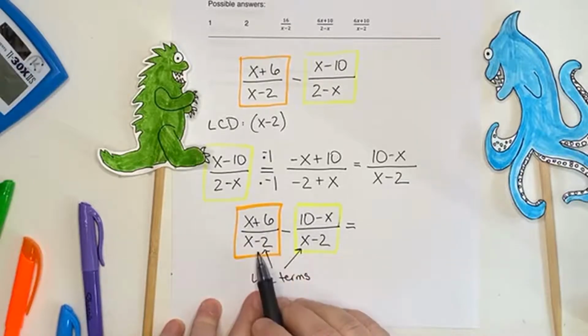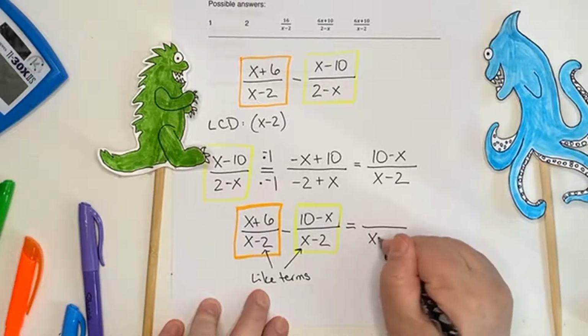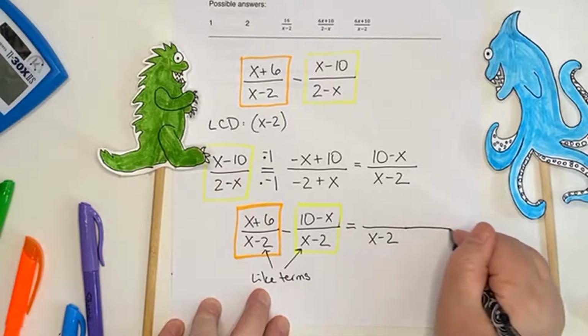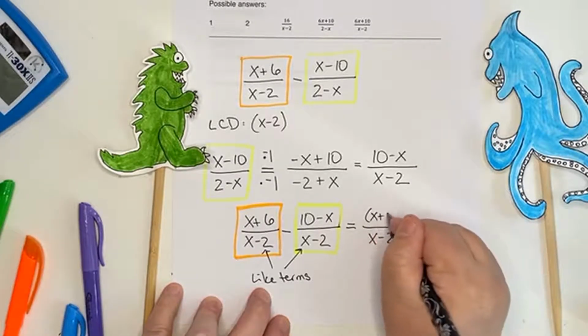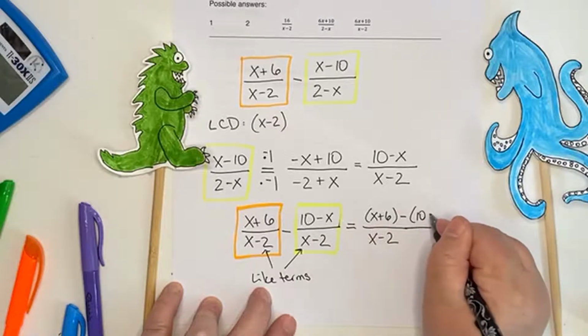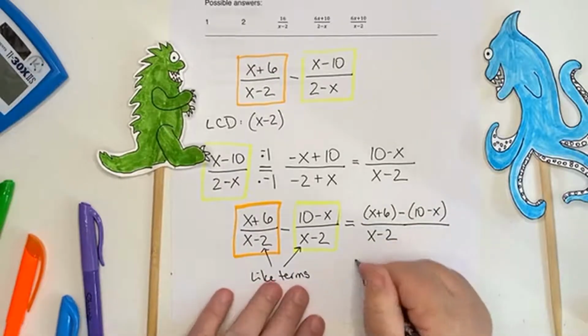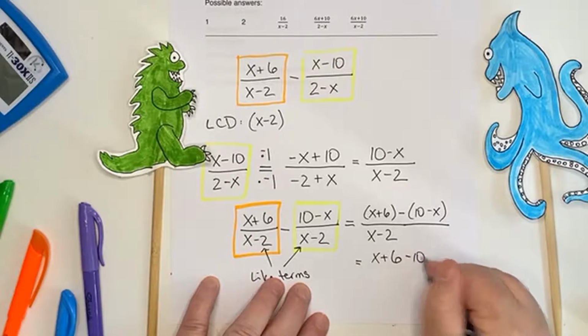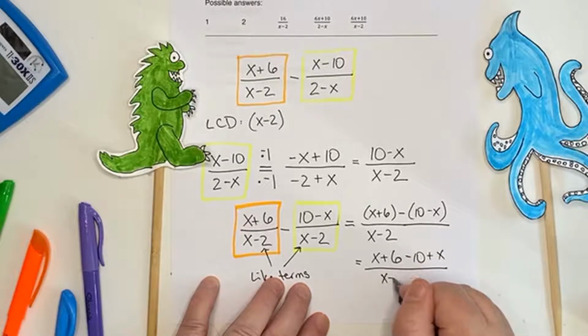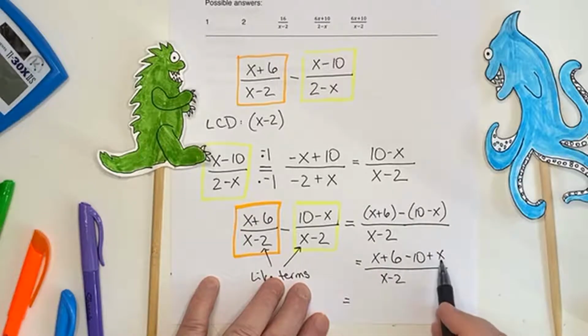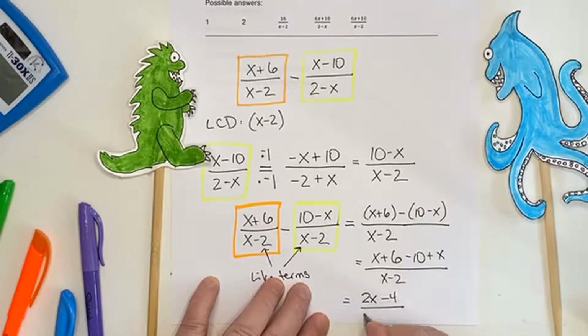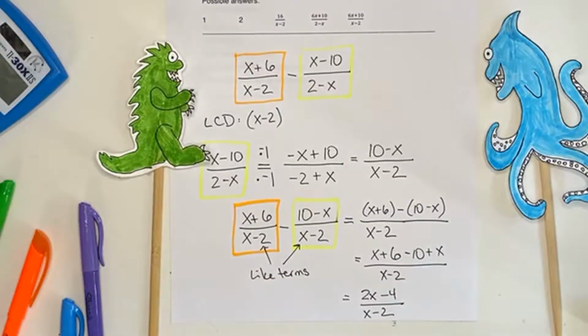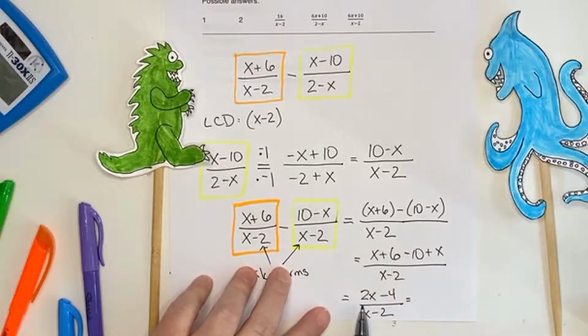So when you subtract, the 2 denominators have to match. And up on top, we just subtract x plus 6 minus 10 minus x. Okay, so this is going to be x plus 6 minus 10 plus x all over x minus 2. So it looks to me like I've got 2x minus 4 all over x minus 2. So far, so good. I can factor out a 2 up top.